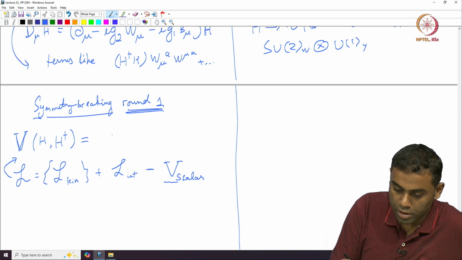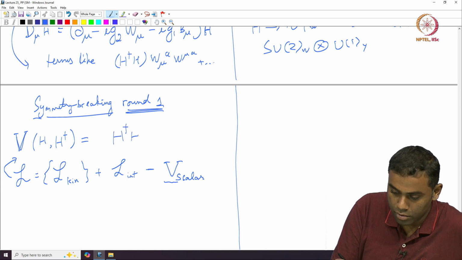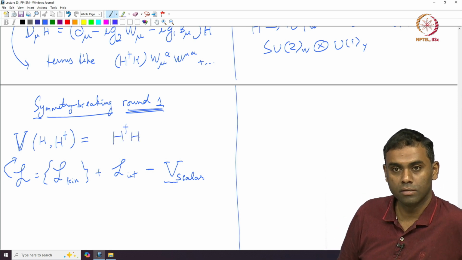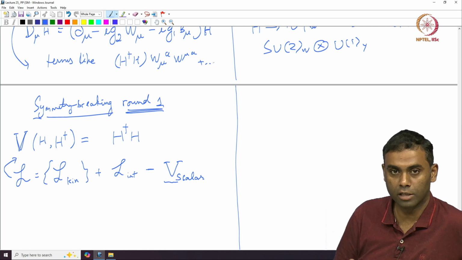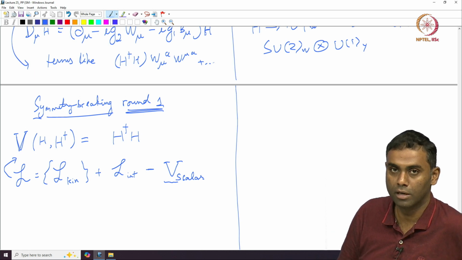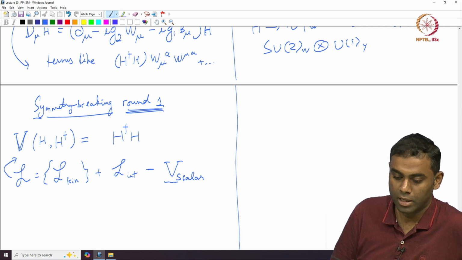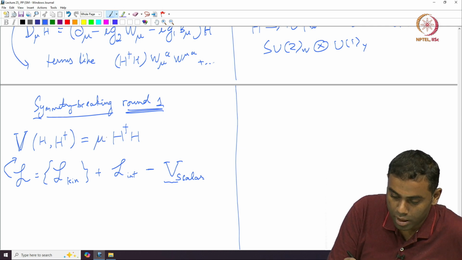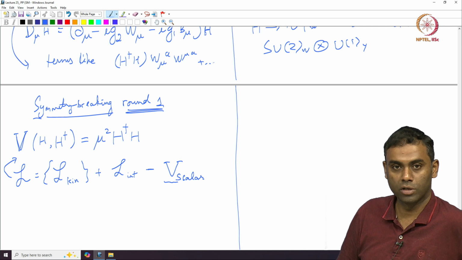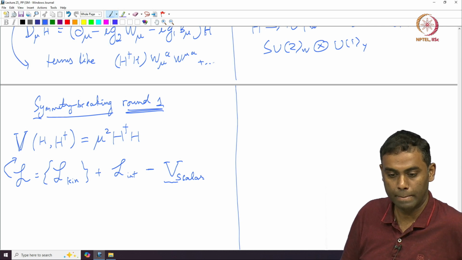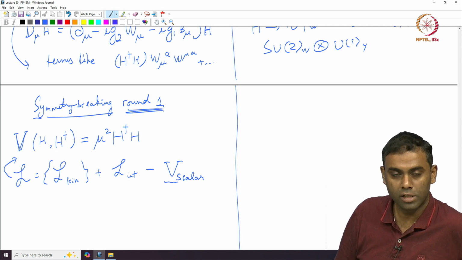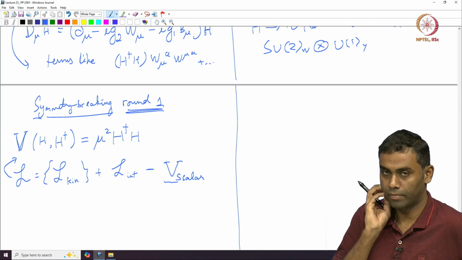There is of course the mass term for the Higgs that I can write down. Remember, we used to write phi dagger phi, that is what I am writing here. H is nothing but the phi, but you have to think of it as a doublet now. Okay. I am going to call that mass mu squared, because that is the conventional name given to it. Okay. What else can I write? And I want to write only terms of dimension 4.